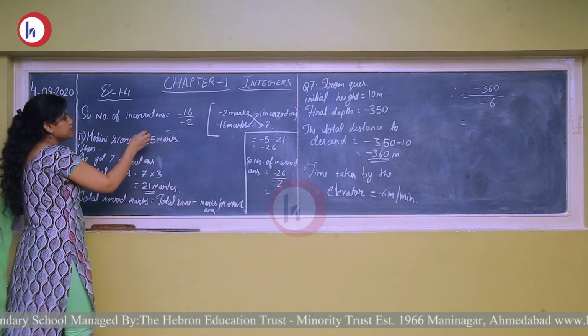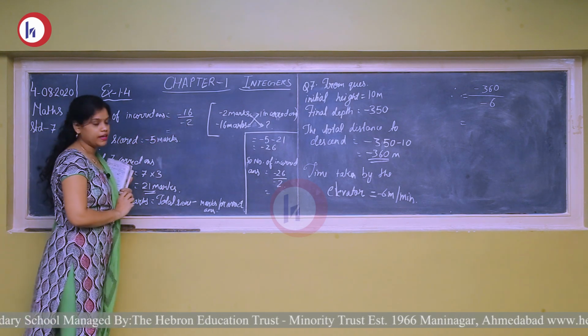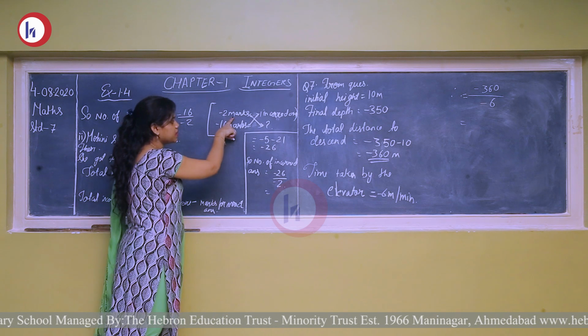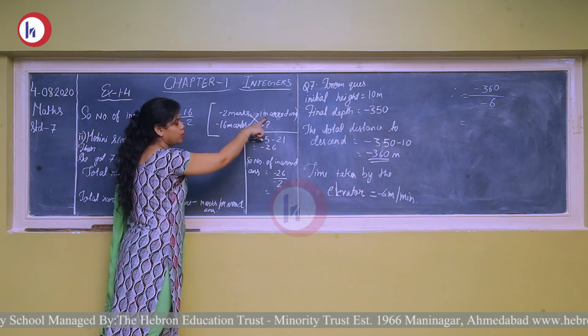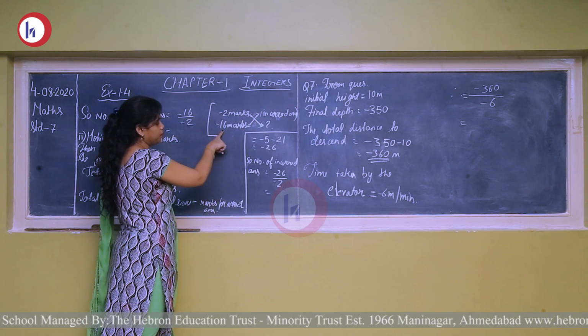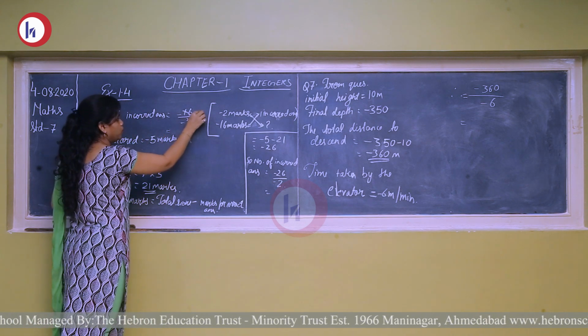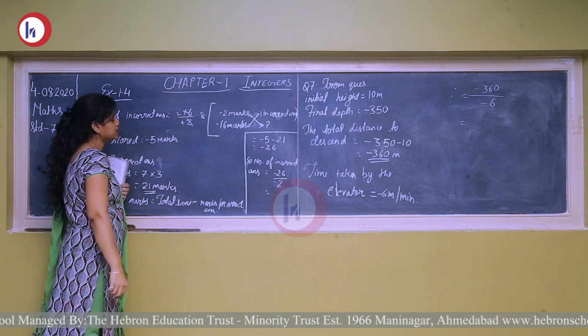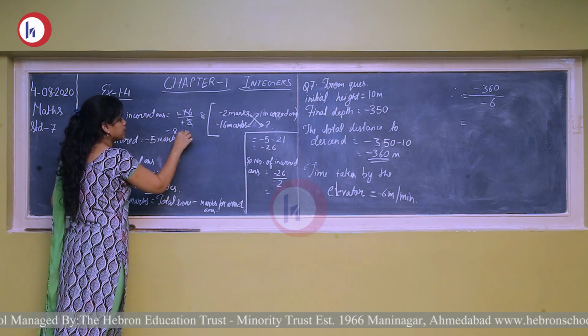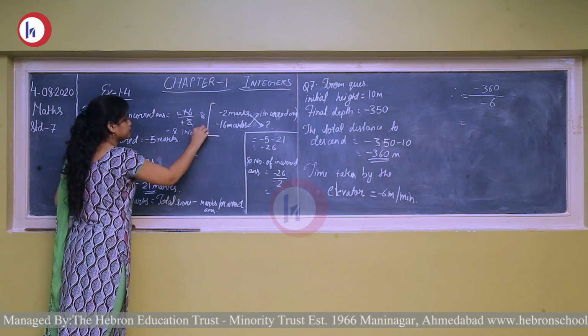Now minus 2 marks are given for one incorrect answer. That means minus 16 is her total for incorrect answers. If we divide both, we get 8. Minus minus gets cancelled. That is 8 incorrect answers she gave.